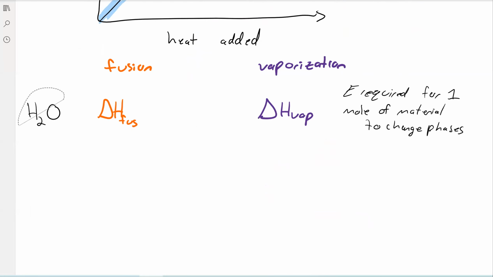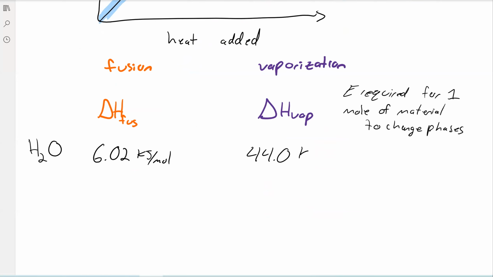So anyways, let's take a look at what these values are for water. Water's heat of fusion, or enthalpy of fusion, whichever way you want to say it, is 6.02 kilojoules per mole. So it takes 6.02 kilojoules to melt 1 mole of ice. And then for vaporization, it's 44.0 kilojoules per mole.